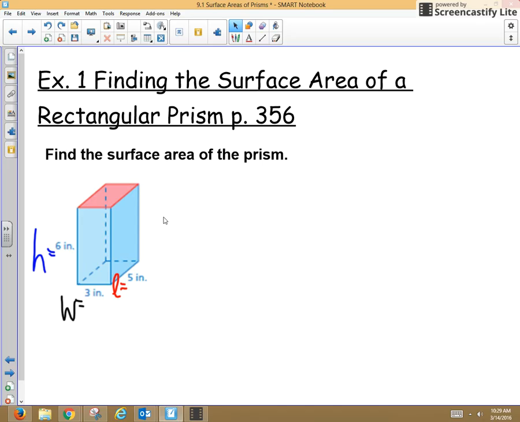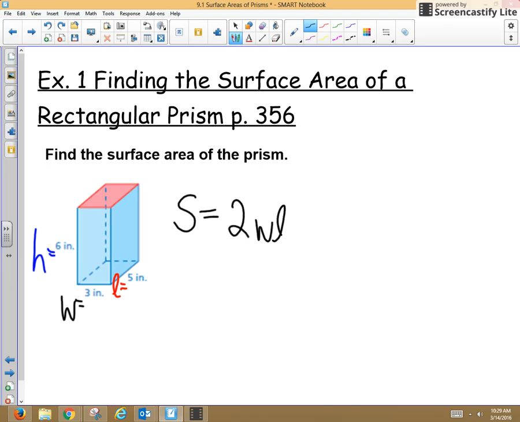So our formula for surface area is 2 times the width times the length, plus 2 times the width times the height, plus 2 times the width times length.